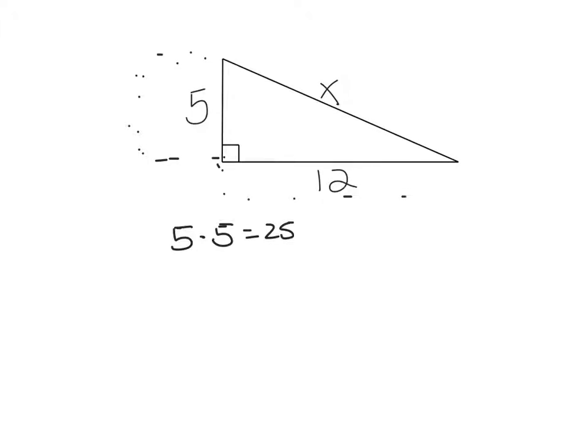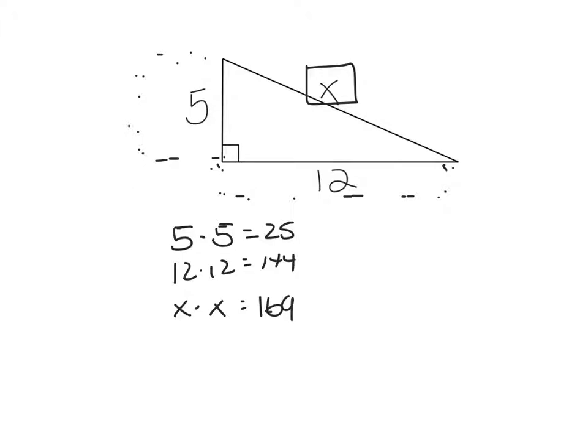The area of this square here would be 12 times 12. 12 times 12 equals 144. So my last side would be x times x, and it would equal the 2 smaller areas added together. 25 plus 144 is 169.